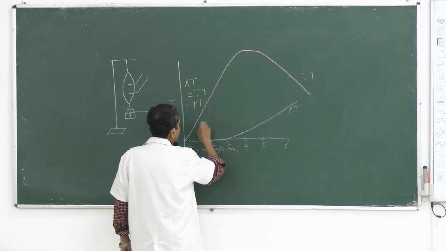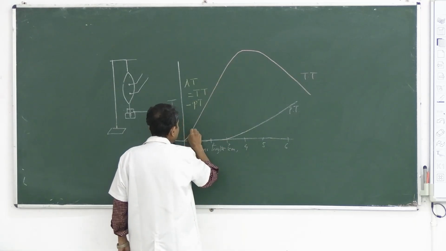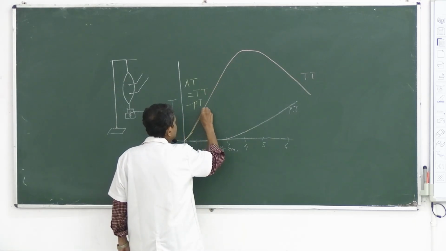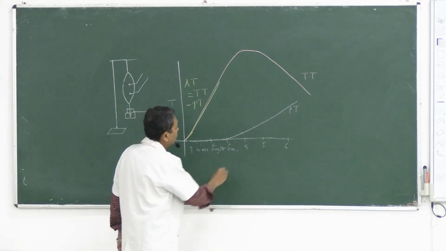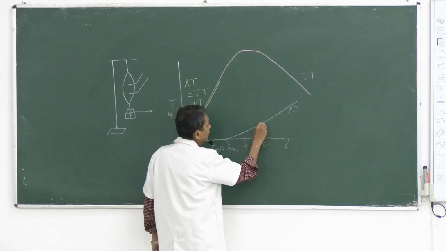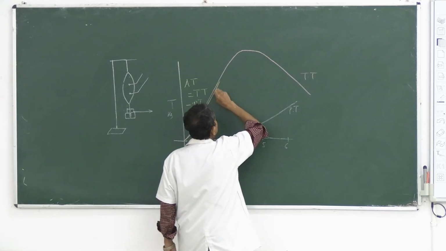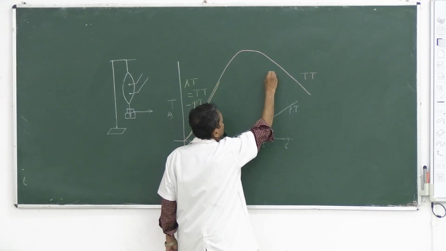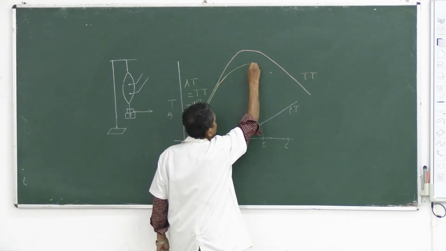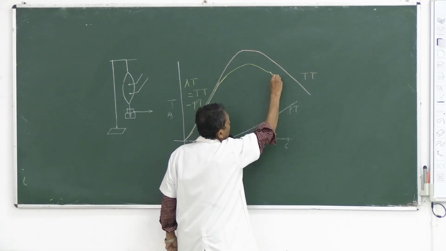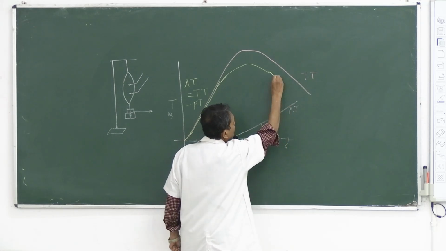So up to this, whatever this increase indicates, it follows, and it is the active tension. But after this, there is some change. Suppose you take this. And in this way, you can calculate what this is.